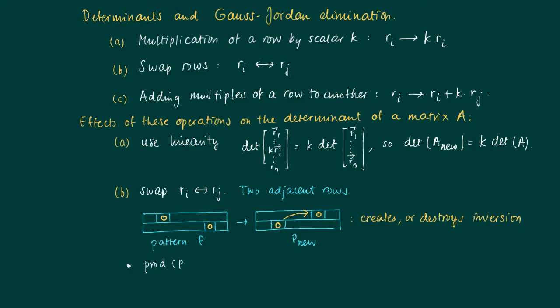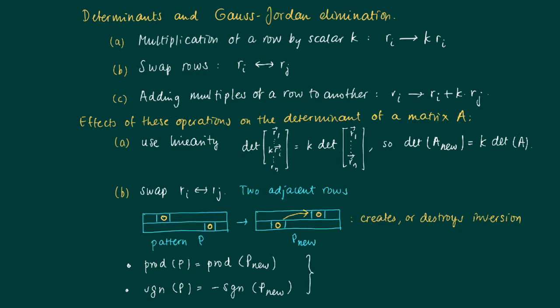So the product of P is just the same as the product of the new pattern, because we take exactly the same elements, and the sign of P is minus the sign of the new pattern, since we create or destroy an inversion, so the number of inversions differs by 1.